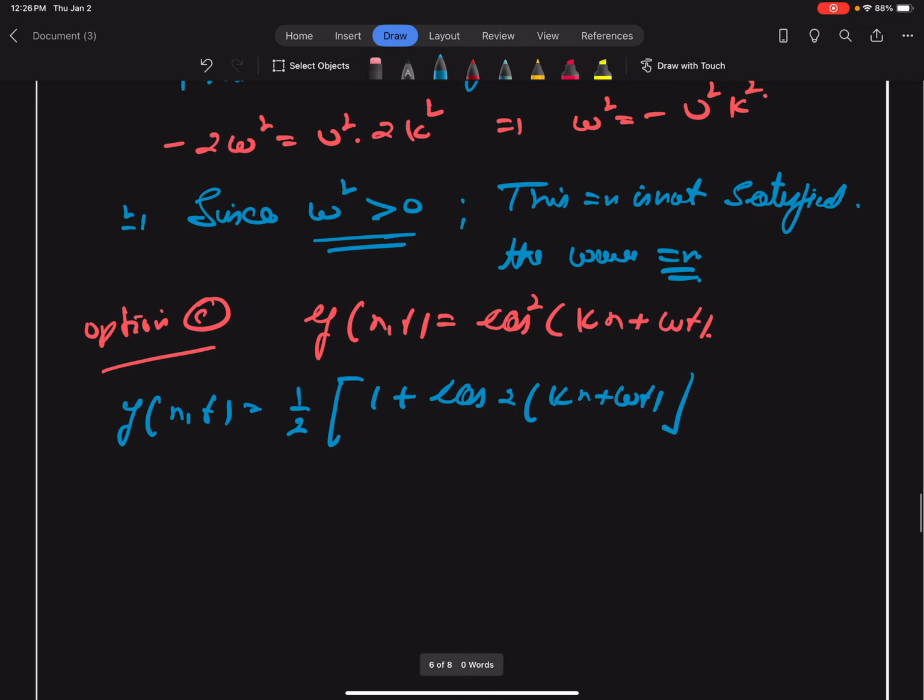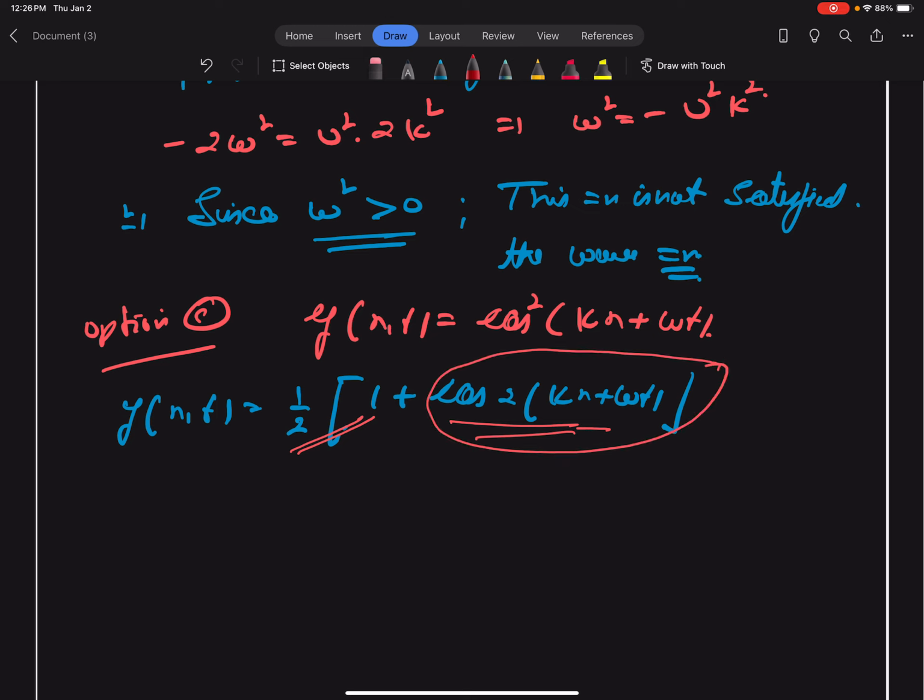Now here we are having two terms. One is the constant part, that is our 1 by 2, and another is the trigonometric part. We are only interested in this trigonometric part because the constant part is only going to add a shifting of the equation.